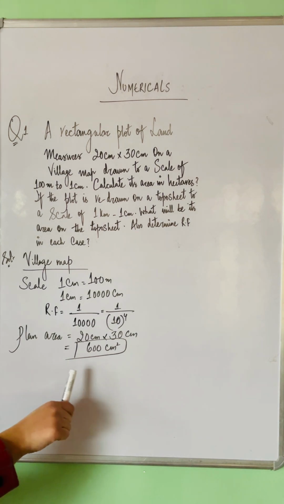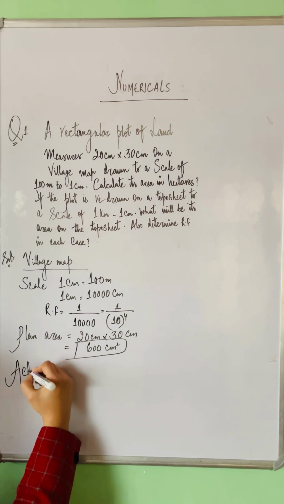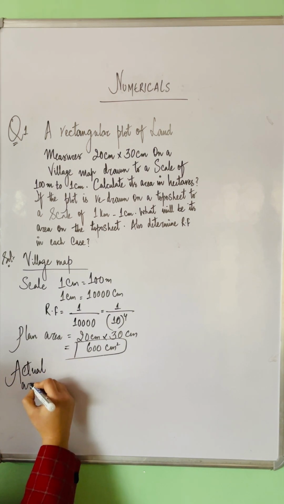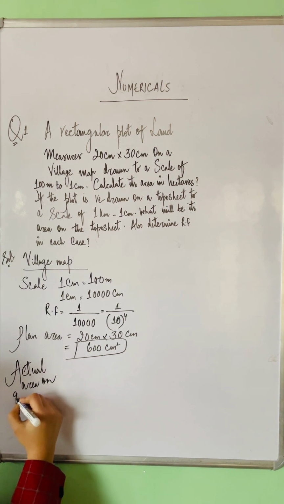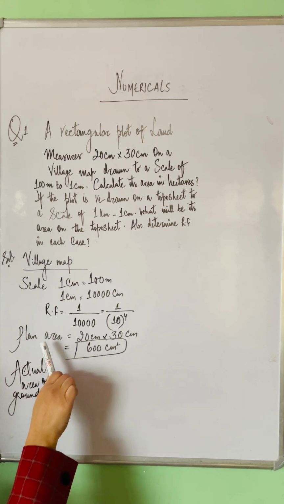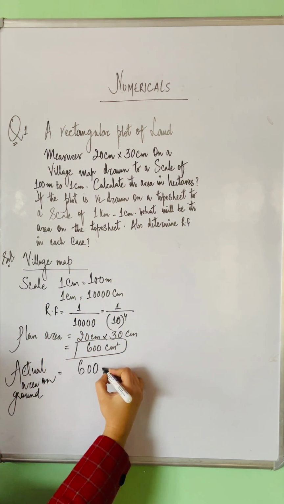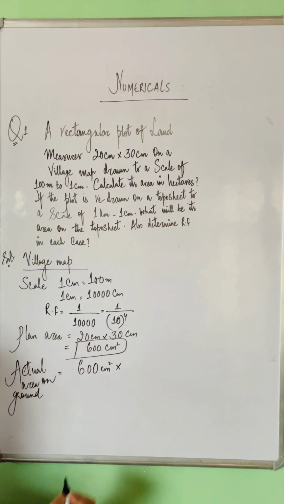What is area on the plan? 600 centimeters square. So what will be the actual area on the ground? Actual area on ground will be area on the plan or village map in this case. It is 600 centimeters square multiplied by the scale.